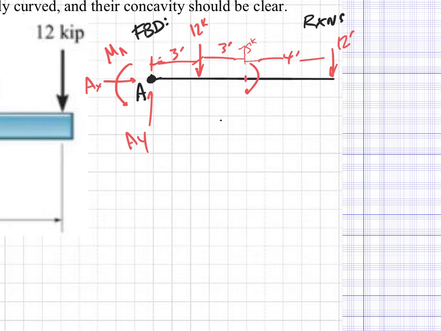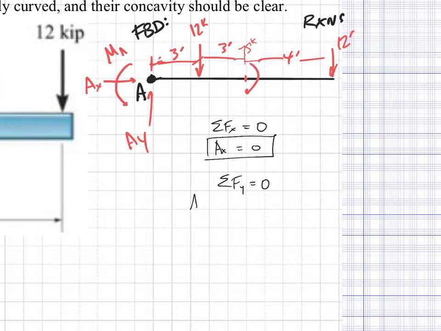Okay, so here we go. Sum of the forces in the X is pretty easy because there is only one, and that's AX. So AX equals 0. Cool, trivial. Sum of the forces in the Y, that's not really going to be very helpful because, well, actually, no, it will be. The one nice thing about these cantilever problems is that you can solve all the equations right off the bat.